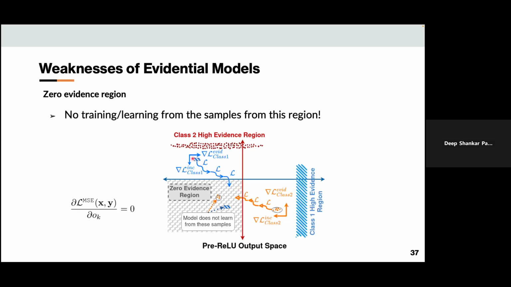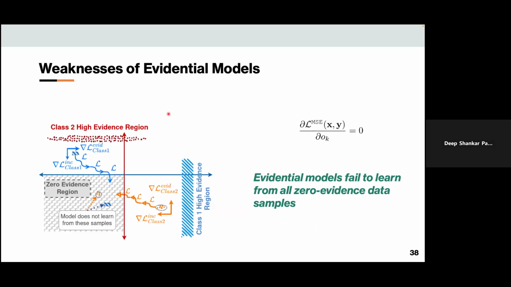But if the samples are mapped to the zero evidence region, it just stops learning from them. The model basically learns based on the gradient signal, and for the samples that lie in this region, the gradient is just zero. So there is no update or learning from samples in this region. So what we observe is the model fails to learn from all zero evidence data samples. So any sample in this region, the model cannot learn.